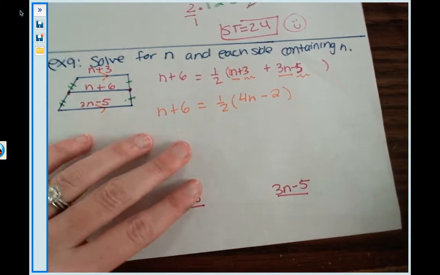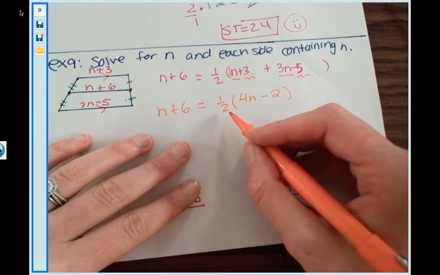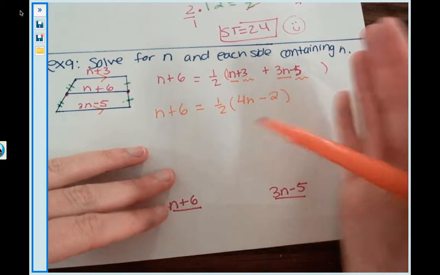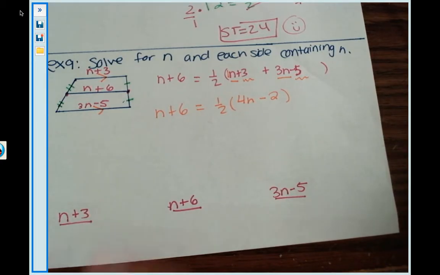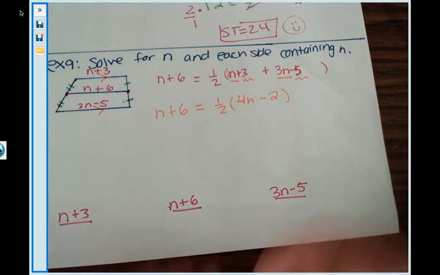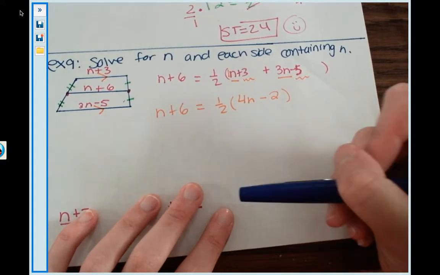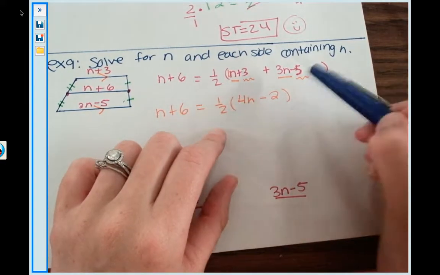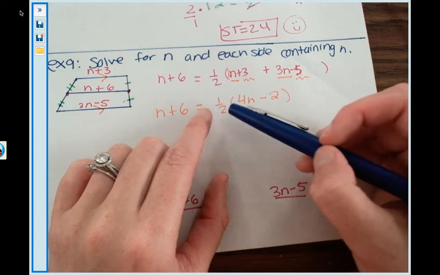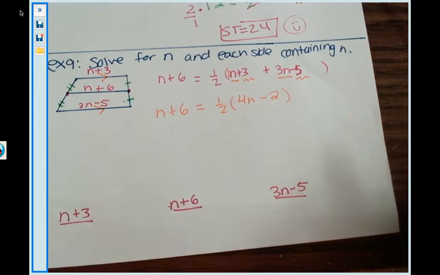All right, and then from here, I need to deal with this 1/2, which how do you deal with a 1/2 outside of a parenthesis? Well, there's two ways you can deal with it. You can either distribute it and then solve for n, or if you want to move the 1/2 to the other side, you simply multiply by the reciprocal. Either way.